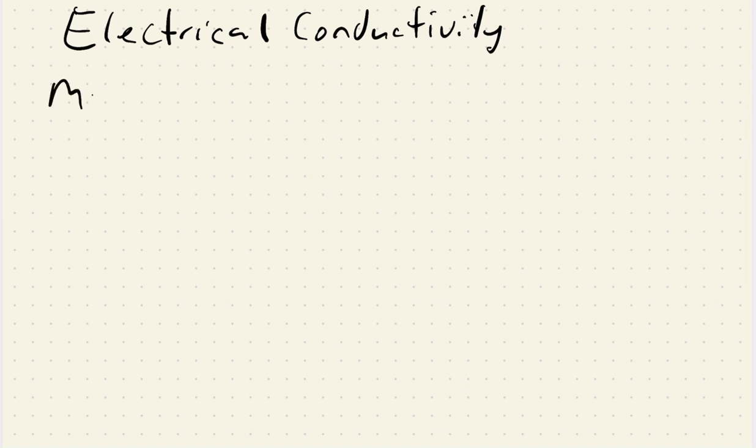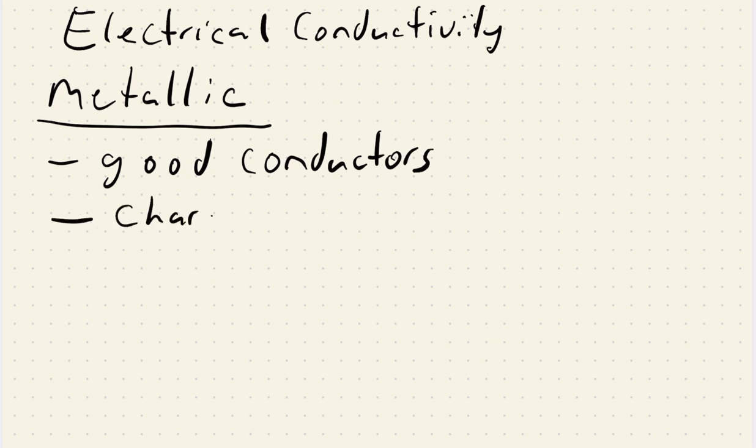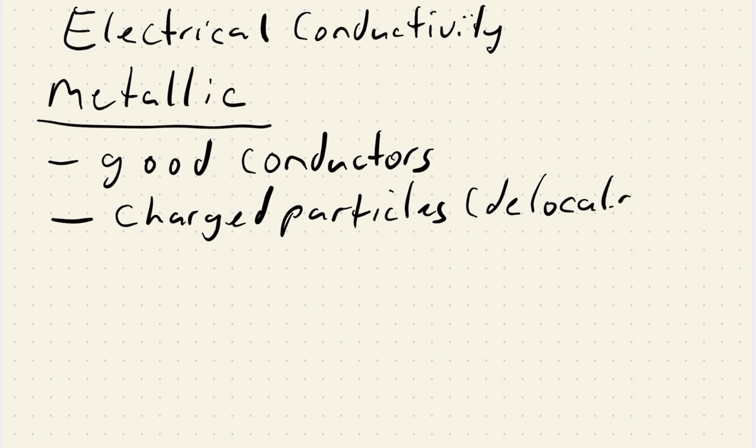When it comes to metallic bonding, we know that metals are very good conductors. And what's the reason for that? Well, remember we said for something to be a good conductor, it has to have charged particles. In this case, delocalized electrons. And these electrons are free to move because they're delocalized.